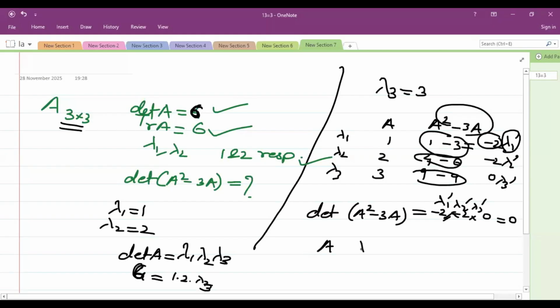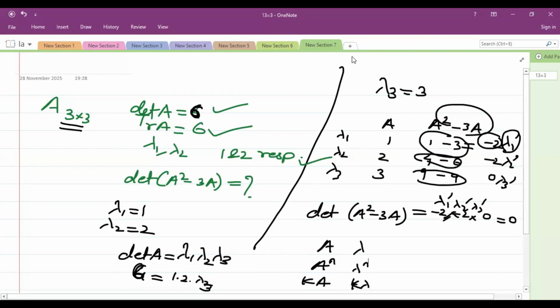If the eigenvalue of A is lambda, the eigenvalue of A raised to n will be lambda raised to n. Of kA will be k into lambda. Also, for A inverse, it will be 1 by lambda if the matrix is non-singular.